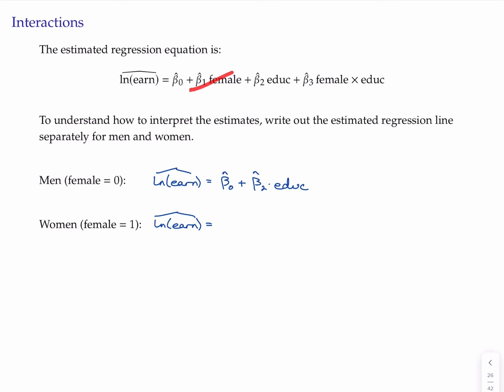All right, these two terms go away, just leaving those. For women, again, plug in female equals 1. So you've got beta 0 hat, beta 1 hat times 1, beta 2 hat times education, beta 3 hat times 1 times education. Let's group some terms here.